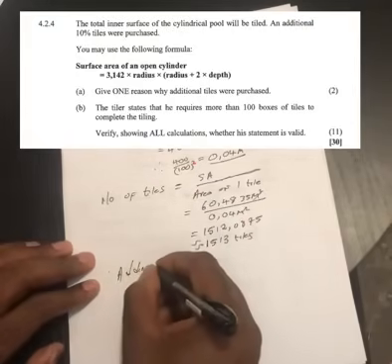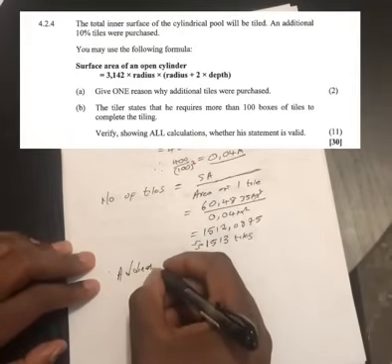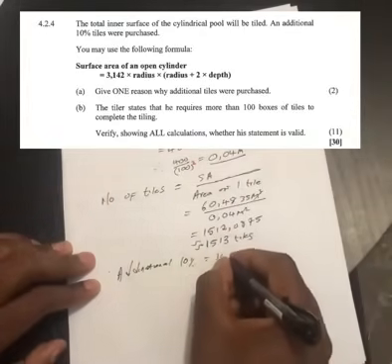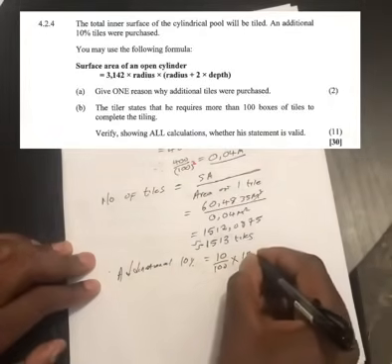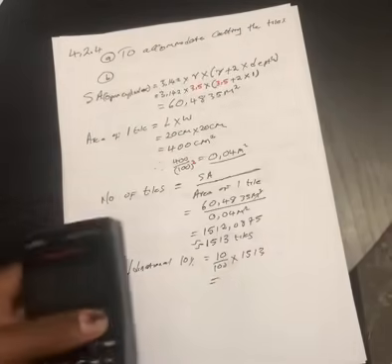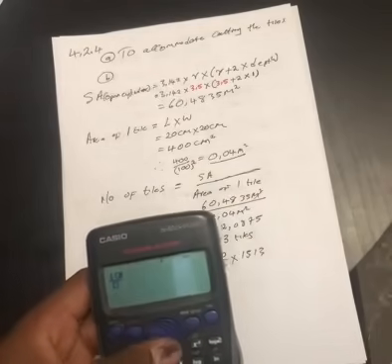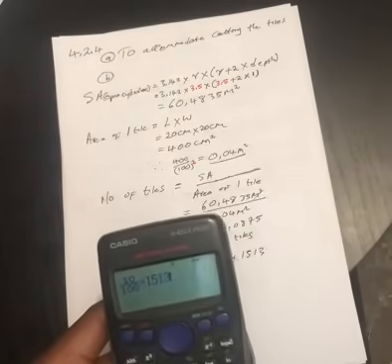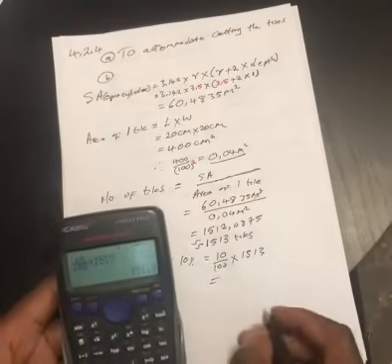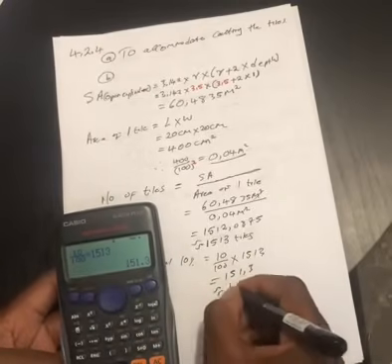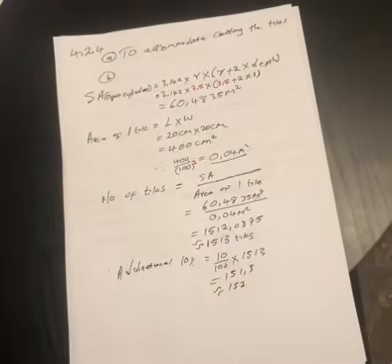Additional 10% is going to be 10 over 100 multiplied by 1513, which is 151.3. We'll round this up, it is 152 tiles.